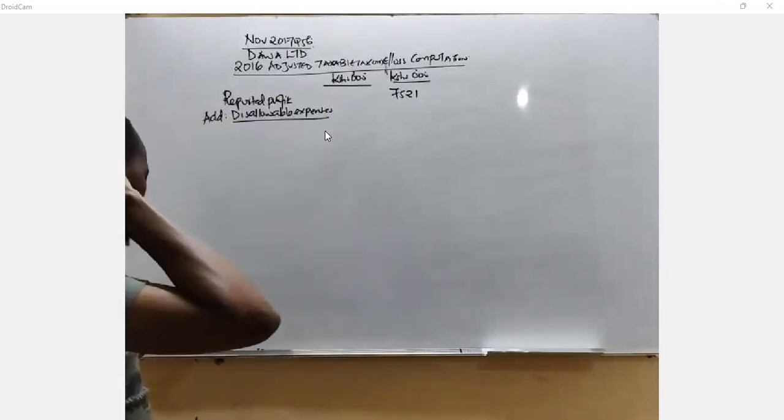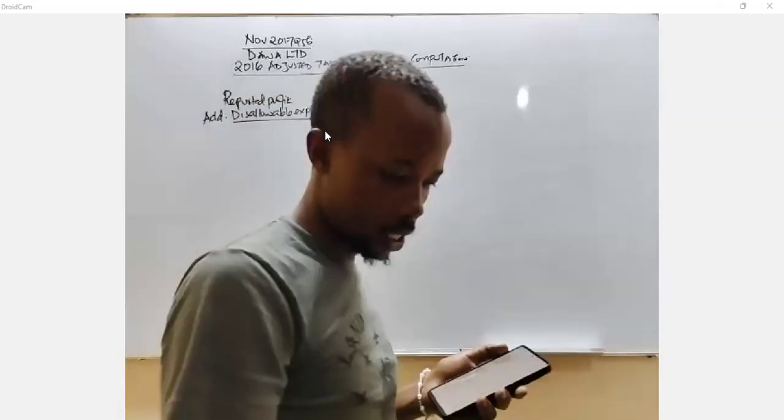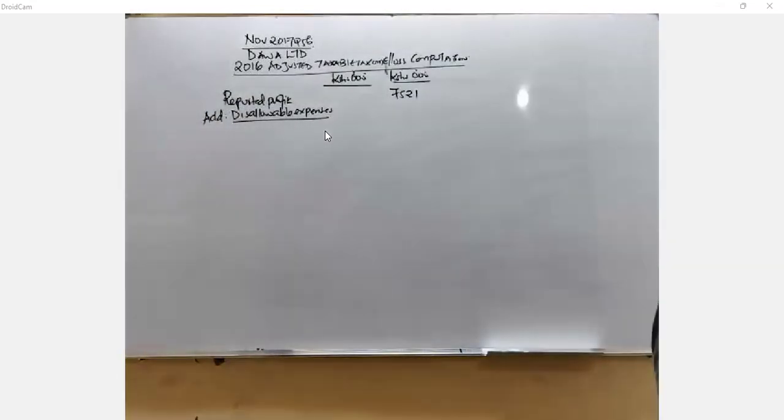And the disallowable expenses, we are going to be identifying them from the additional information. So we start with additional information number 1, where we are being told something by the examiner.